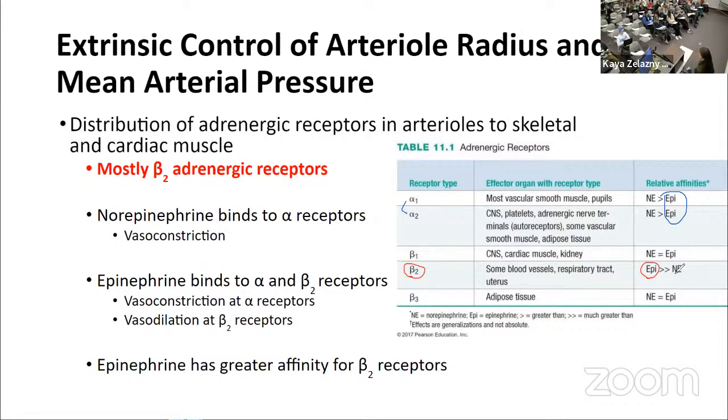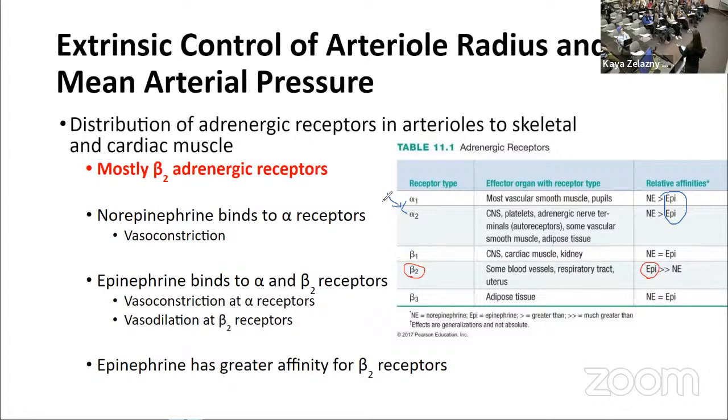So the effect of epinephrine binding to an alpha receptor versus a beta-2 receptor is different. When we're thinking about those alpha receptors, they're just still going to vasoconstrict, right? So you have norepinephrine bind to an alpha receptor, vasoconstriction. You have epinephrine bind to an alpha receptor, still vasoconstriction.